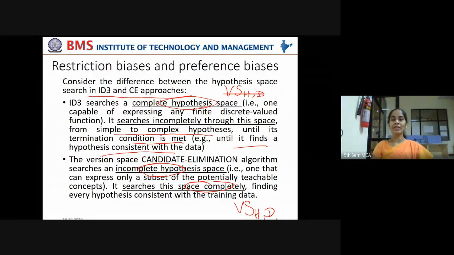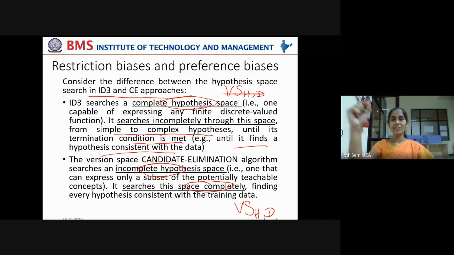Candidate elimination algorithm's version space is an incomplete hypothesis space, but the candidate elimination algorithm searches that space completely.